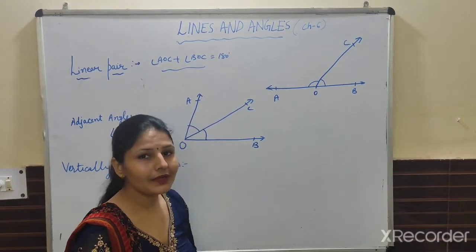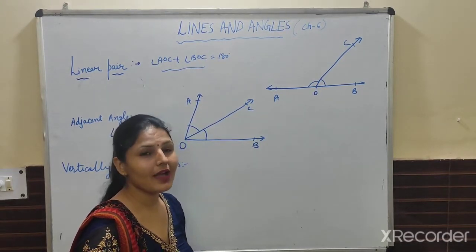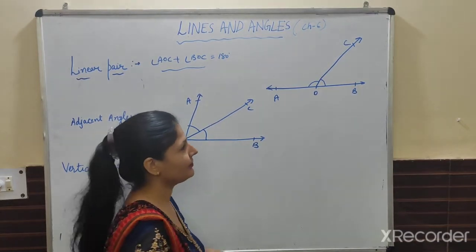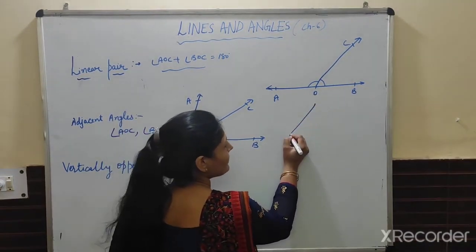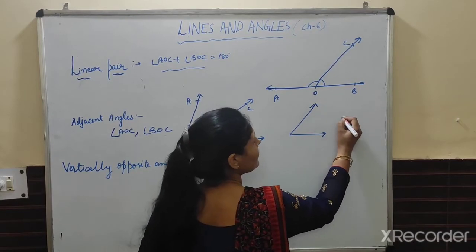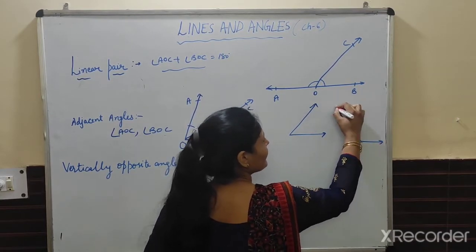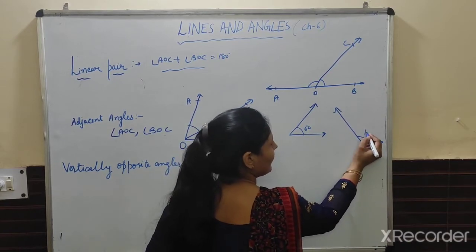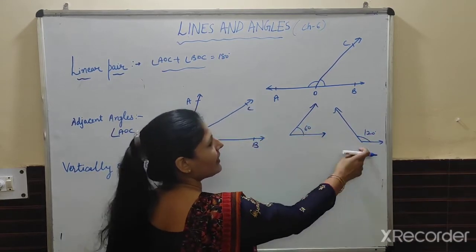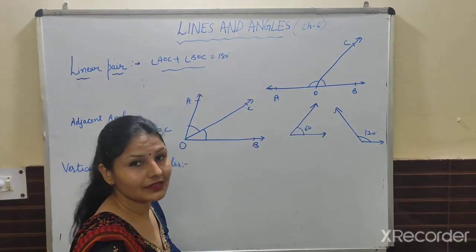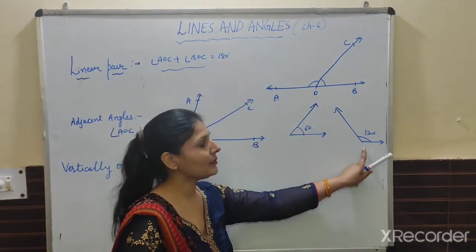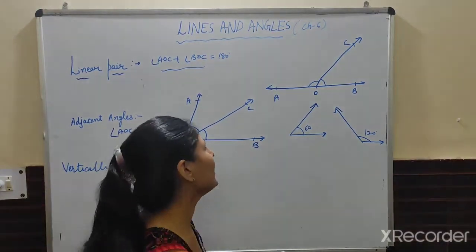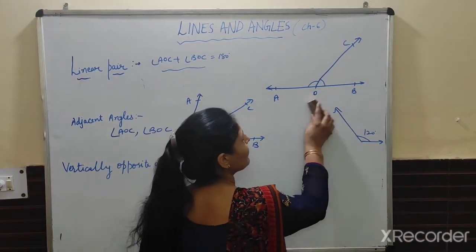But supplementary angles do not necessarily lie on the same line. In supplementary angles, you took 60 degrees and 120 degrees. These are supplementary angles, but these are not a linear pair because they do not have any common arm and they are not lying on the same line.